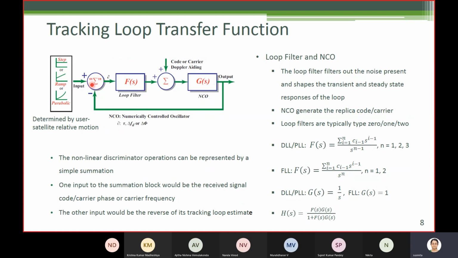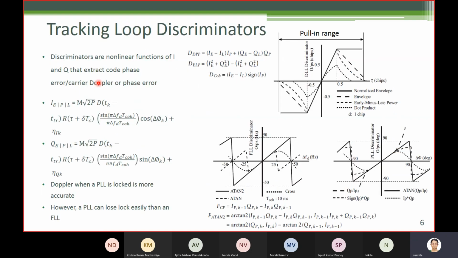So this summation block actually shows that nonlinear discriminator operation, and that's why it is put within double quote. It's not actually linear. Under certain circumstances, when the error is small, lies in this range or here, we can do this.